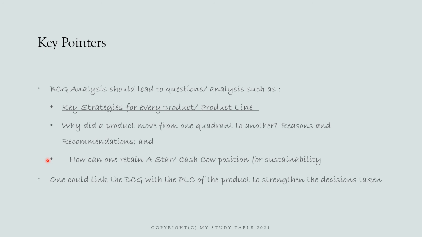So for a longer period of time, how can it sustain the position of a star or a cash cow product? One could link the BCG with the PLC, which is the product life cycle of the product, to strengthen the decisions taken, as this may help address gray areas and bring in further inputs to giving a direction to organizations in a dilemma about their product and market portfolio.